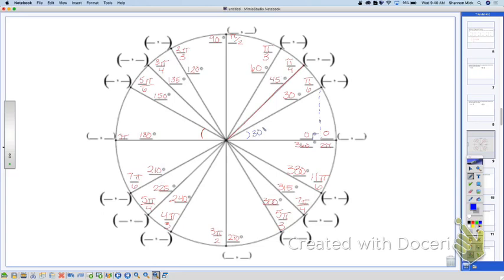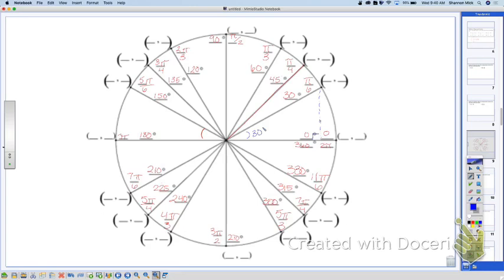Okay. What ratio is opposite of 30 degrees? Remember your ratios? It's 1. It's the smallest angle. It's 1, right? But we're in the unit circle, so we're going to use 1.